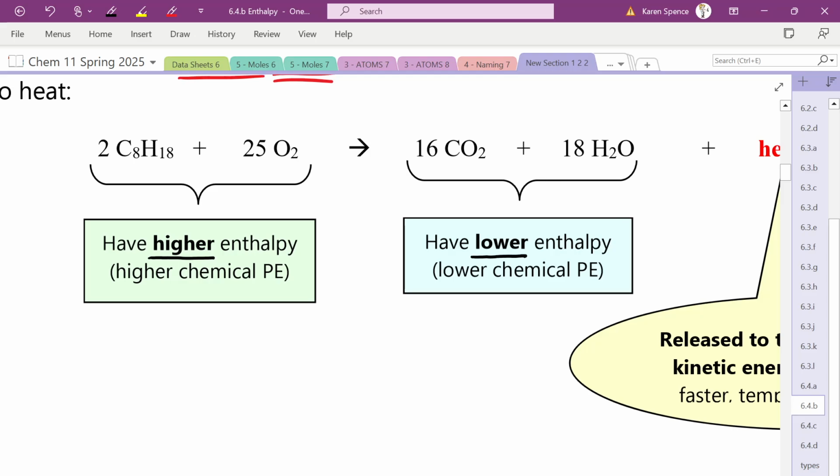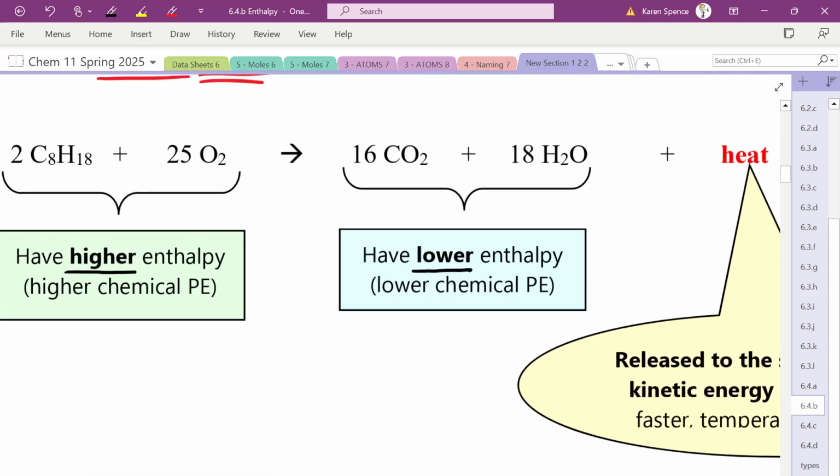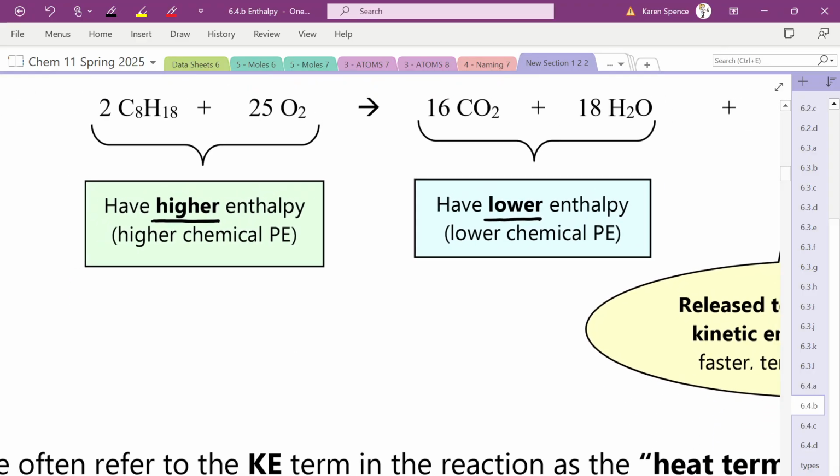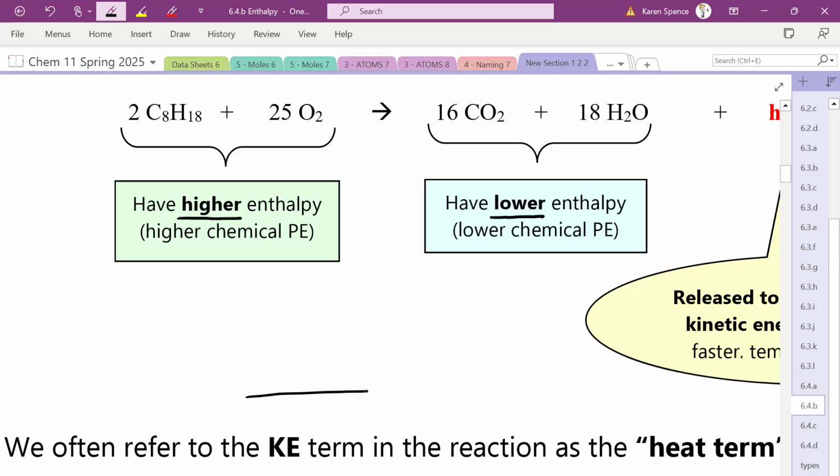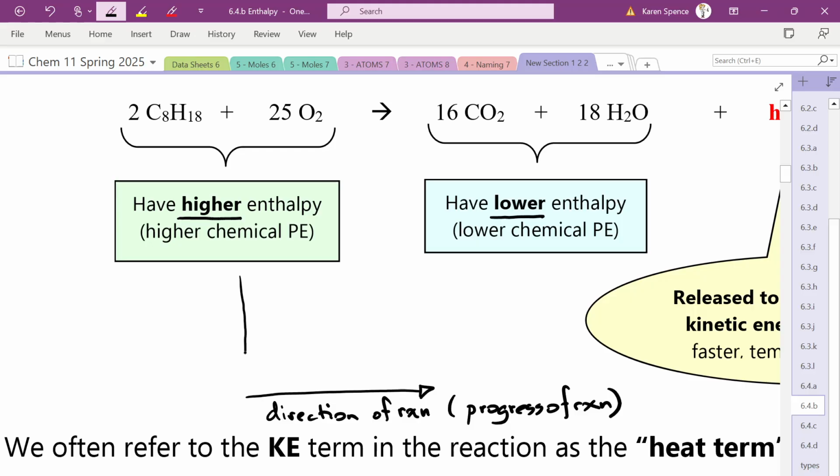If we were to graph this, what goes on the x-axis? That's the direction of reaction. You could also call it the progress of the reaction. What goes on the y-axis if we're graphing potential energy? Potential energy.